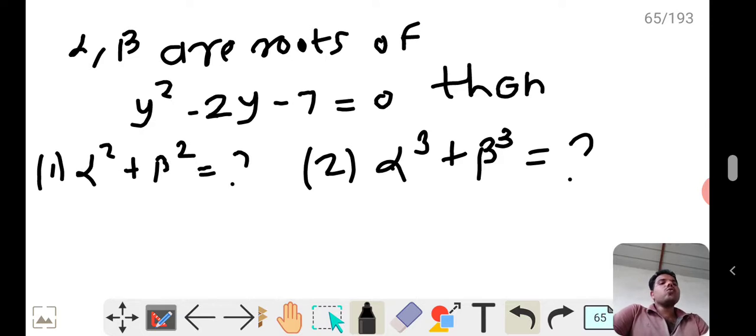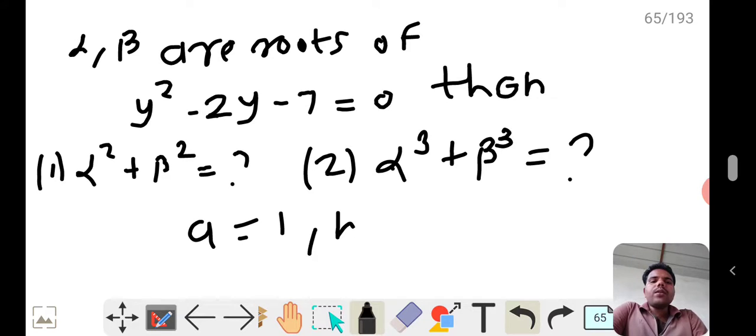Let's write the values of a, b and c for this equation. We can write a is equal to 1, b is equal to minus 2 and c is equal to minus 7.